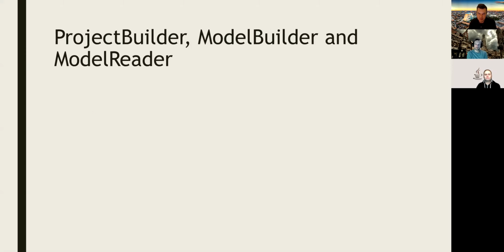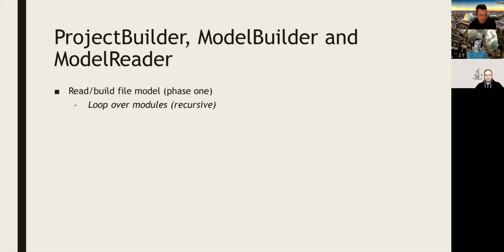The model builder is responsible for building the effective POM, which means resolving the inheritance, and also, of course, every placeholder and etc. And the model reader is really the I/O, plain old reading the POM file. And what you see is the first time it will loop over during phase one. It will read the file model and then read over all its modules recursively and read it again and again and again until you have the complete multi-module project.